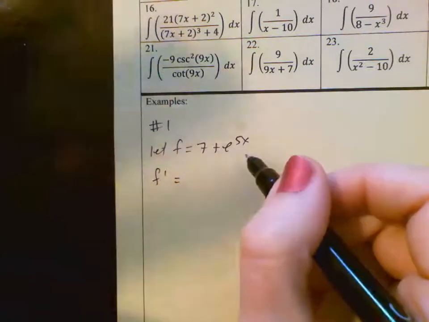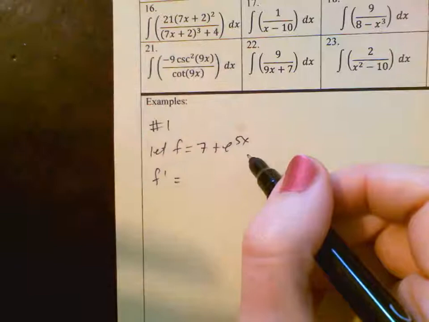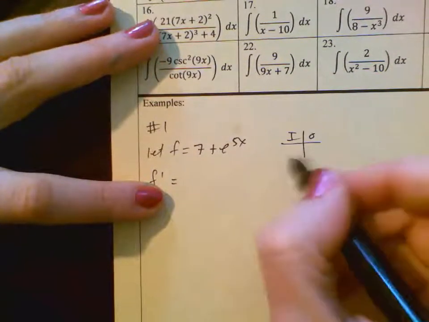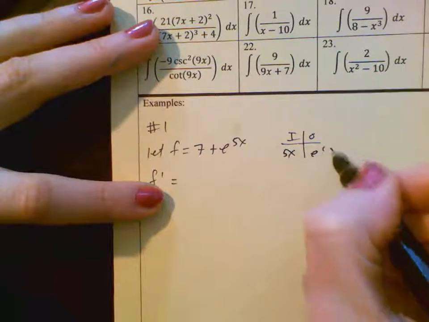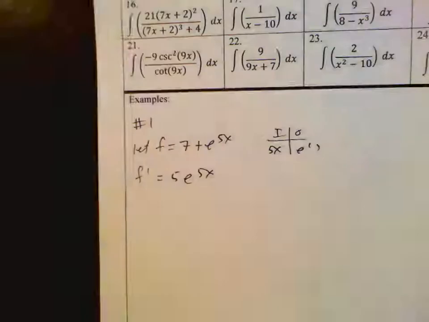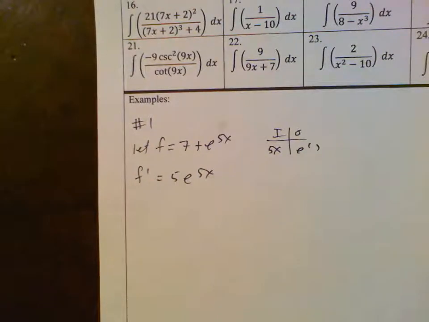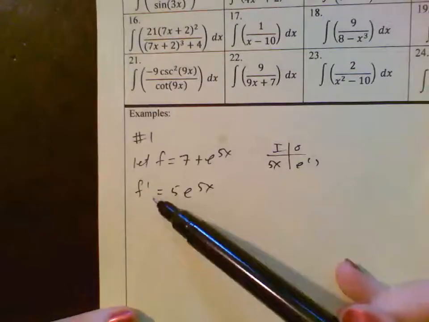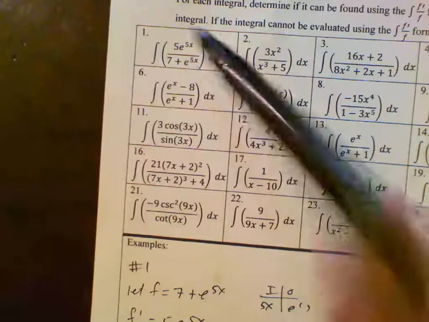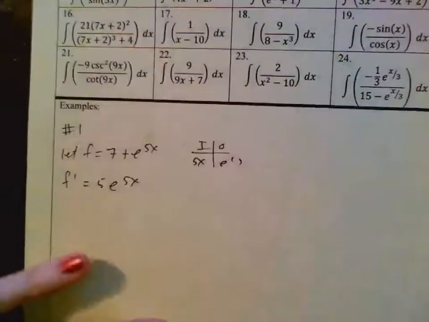The derivative of e to the 5x, we actually need the chain rule for this situation. So that'd be 5e to the 5x. So guys, do we have f prime over f? F prime over f. Yeah, we have it.